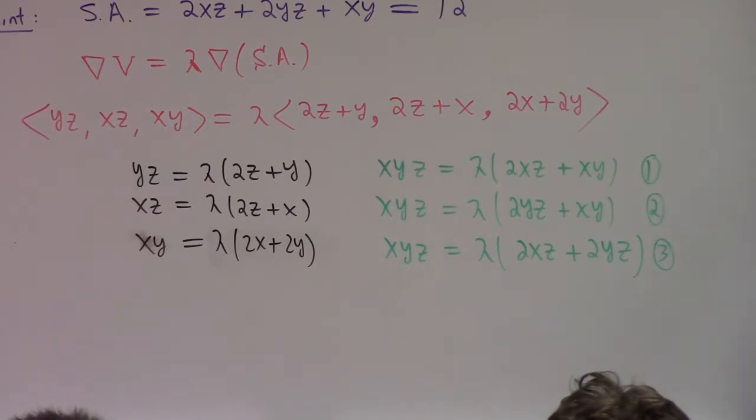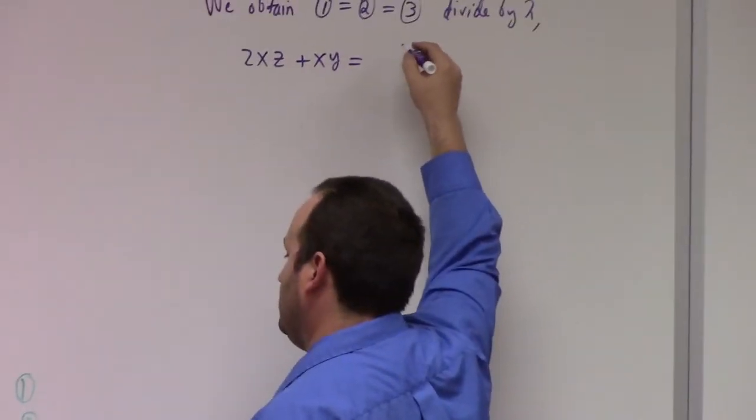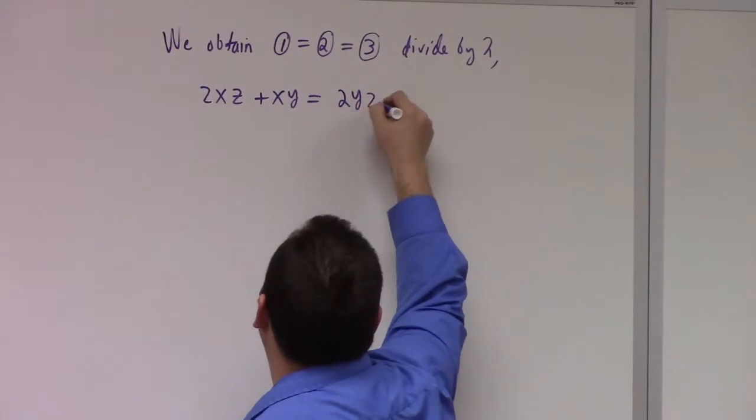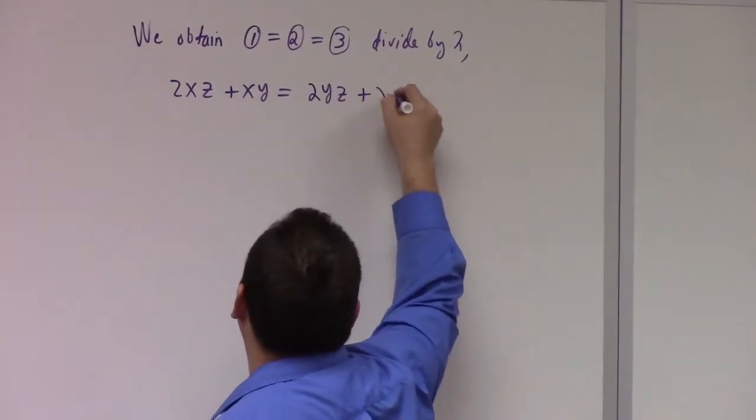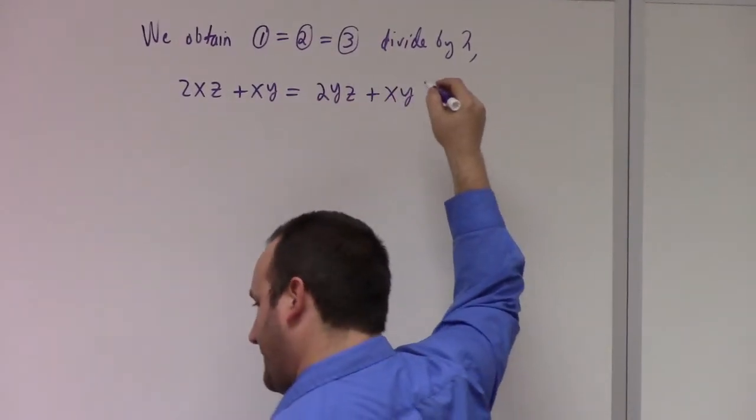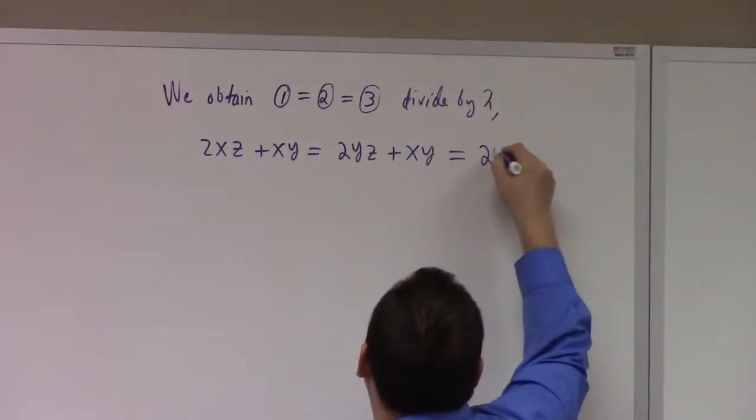So divide by lambda, right? What does that give you? 2xz plus xy is equal to 2yz plus xy is equal to 2xz plus 2xy.